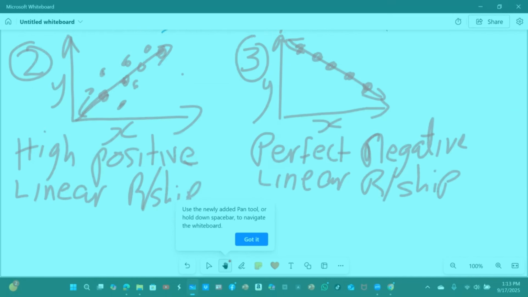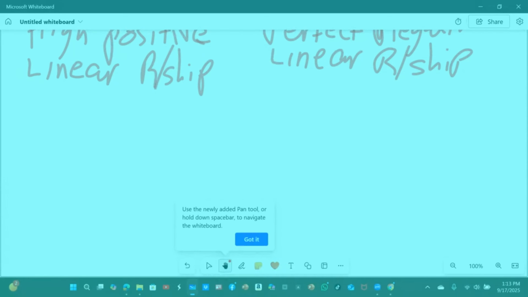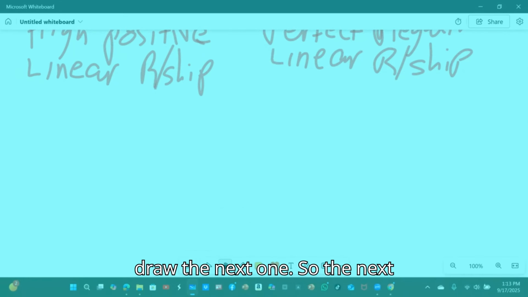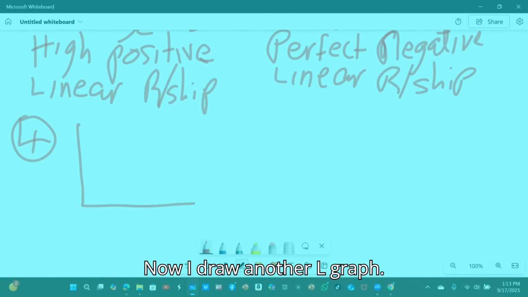All right, so now I want to draw the next one. So the next one is 4. Now I draw another L graph.